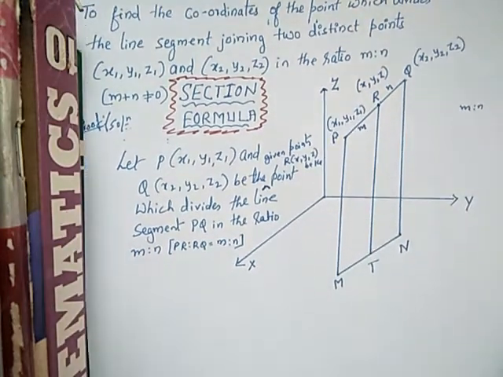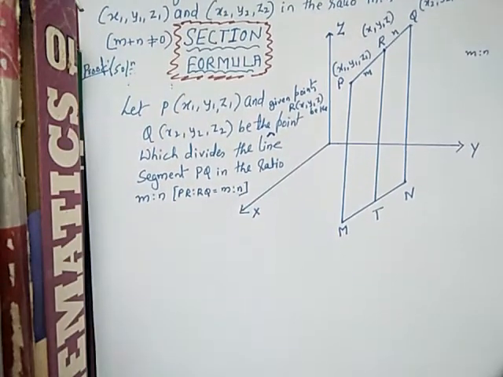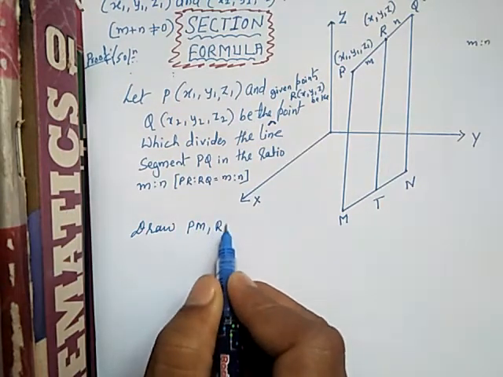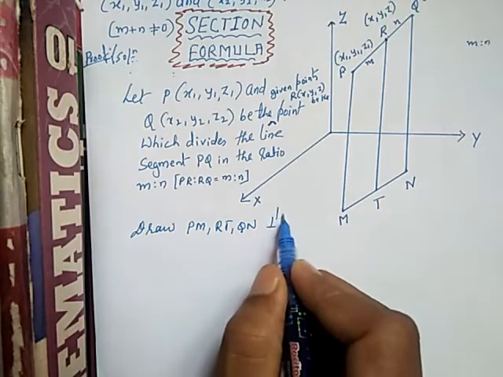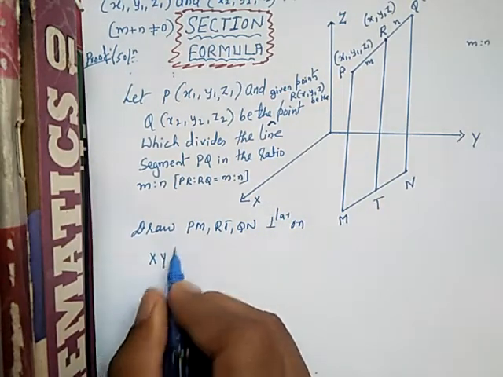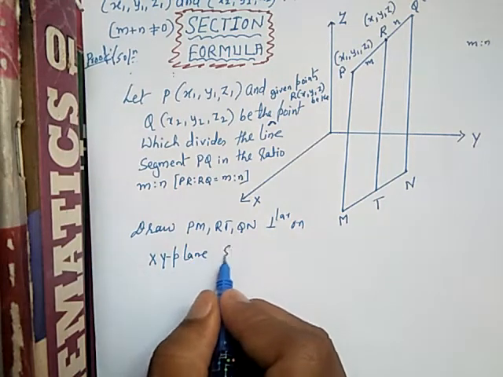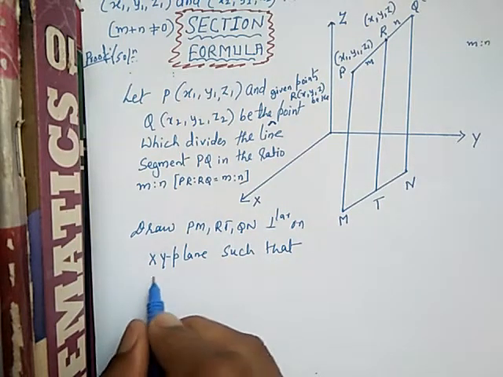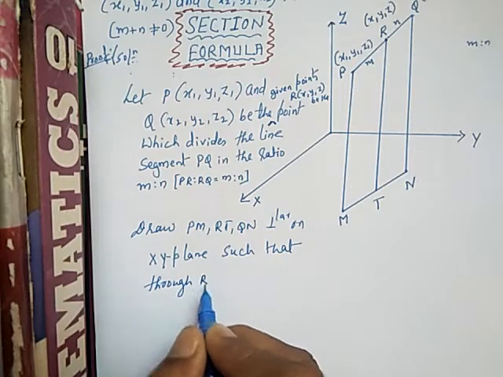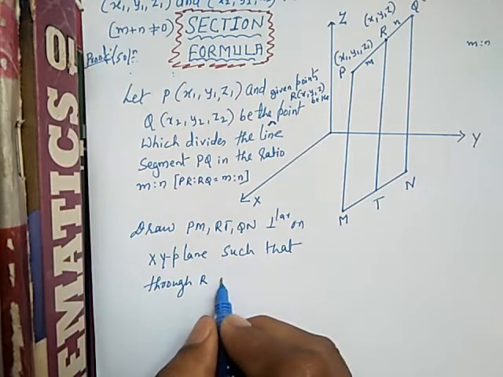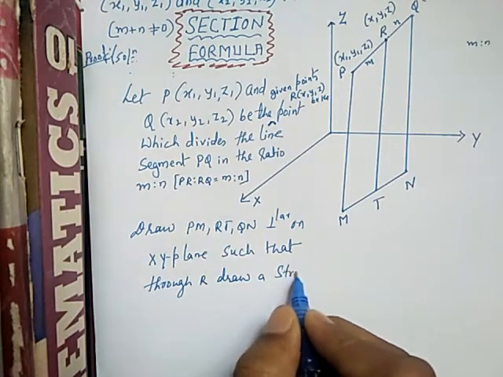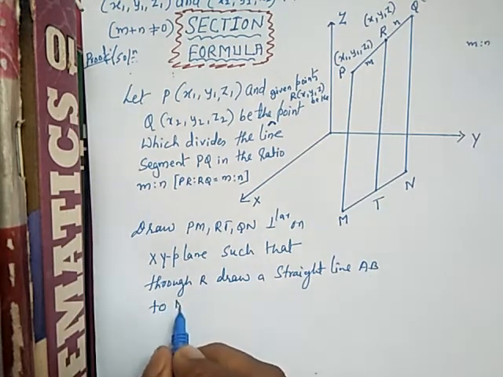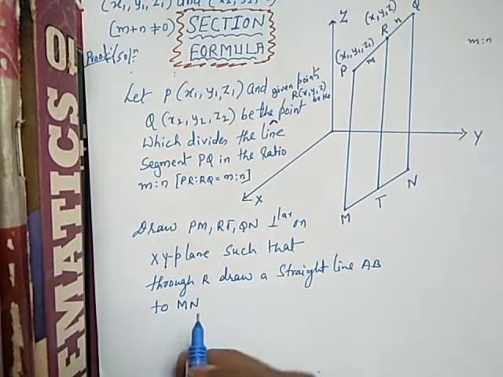After drawing this, you can do some construction here: draw PM, RT, QN perpendicular to the xy plane, such that through R draw a straight line AB parallel to MN. Okay, you can take MN.